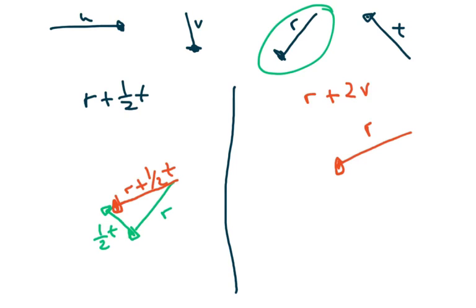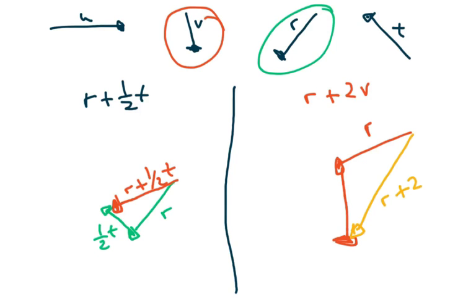There's R. And I'm going to do twice that length. And go pretty much straight downish. Twice that length. And then just draw tail to tip. And this would be R plus 2V. And this is 2V. And that's basically it.